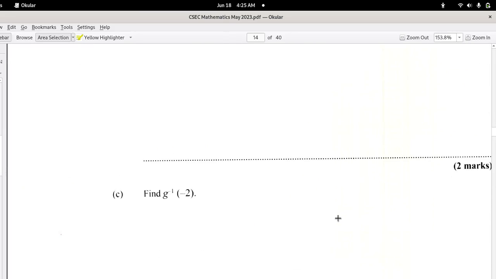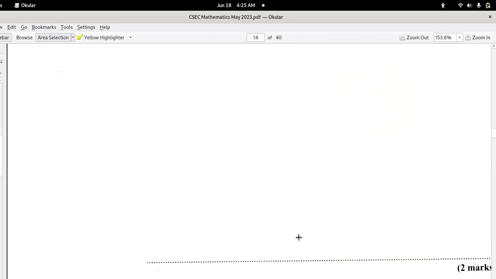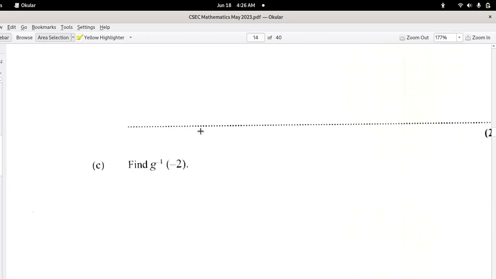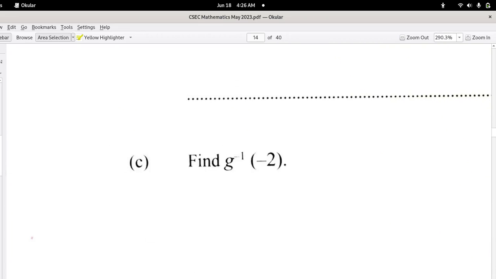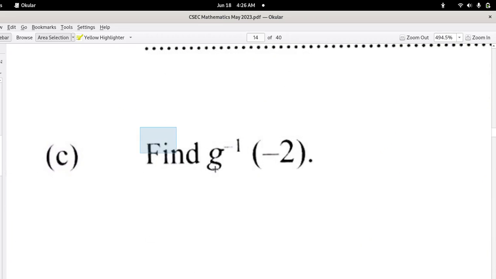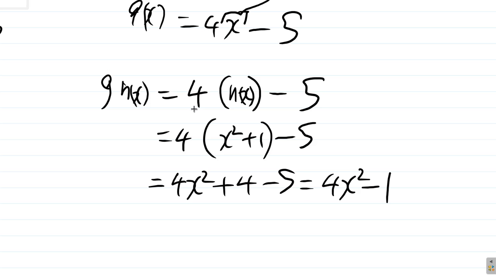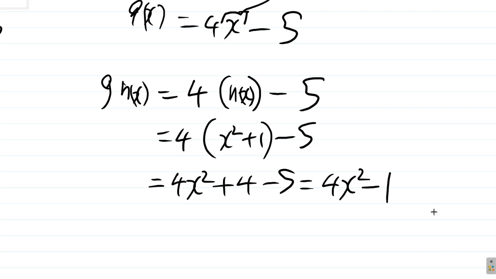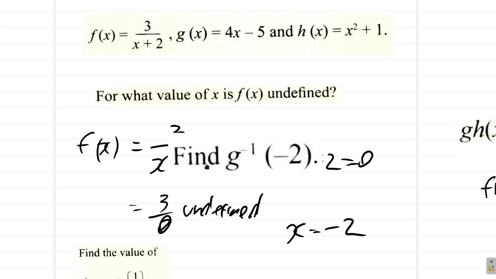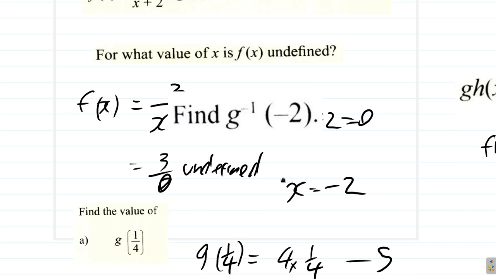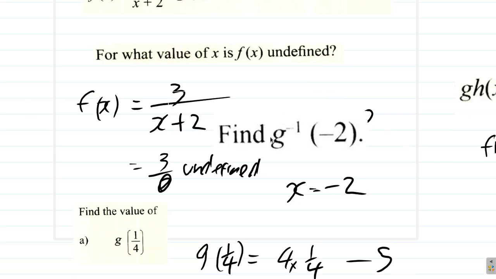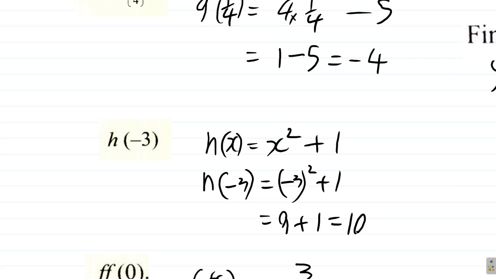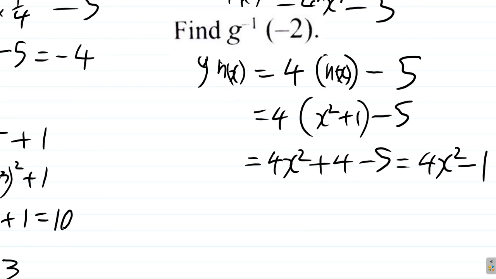So that's that. Now, 2 marks for this part now. You must find g inverse of negative 2. Just copy. Now, g inverse of negative 2. Let's put this somewhere out here.